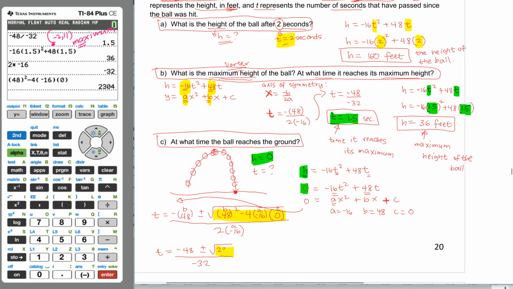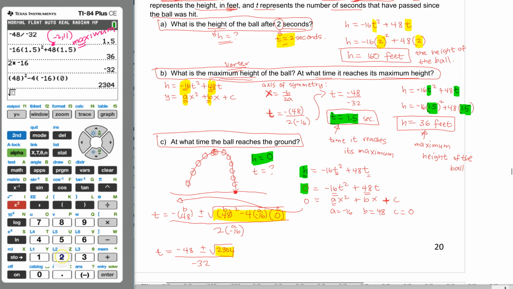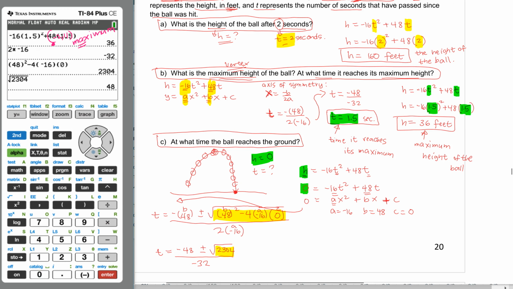Let's see if there's any square root here. Second, square root of 2,304. Press enter. There is a square root, 48. So t equals negative 48 plus minus 48 divided by negative 32.